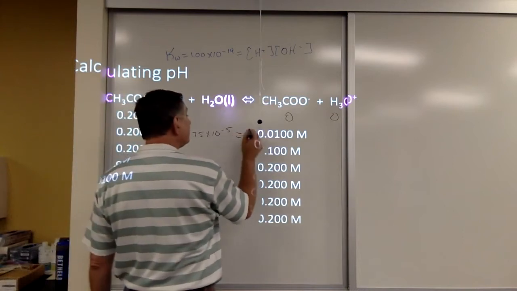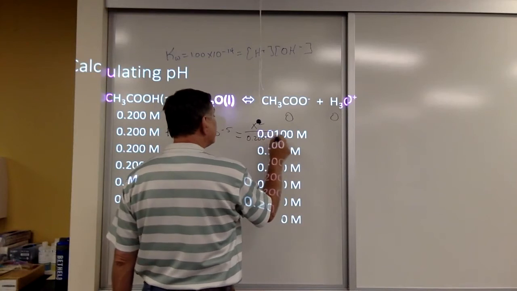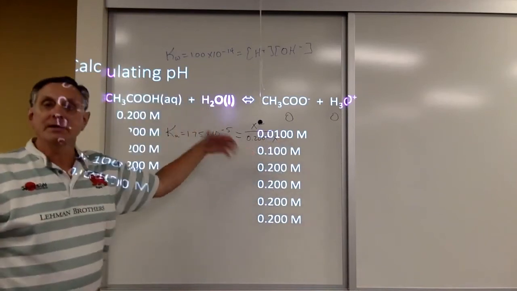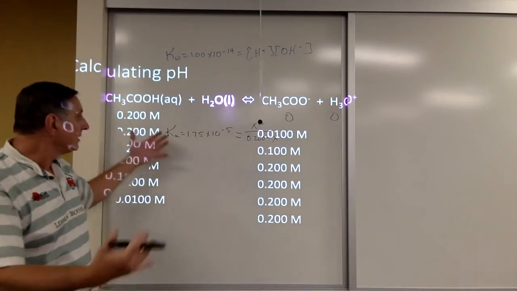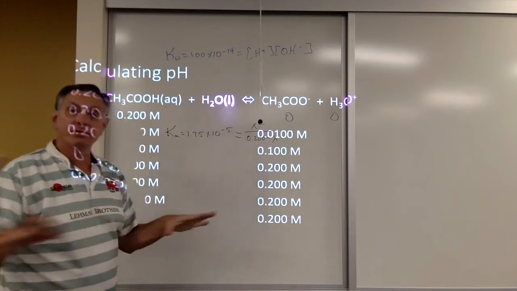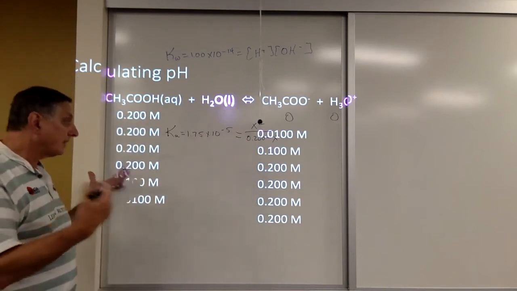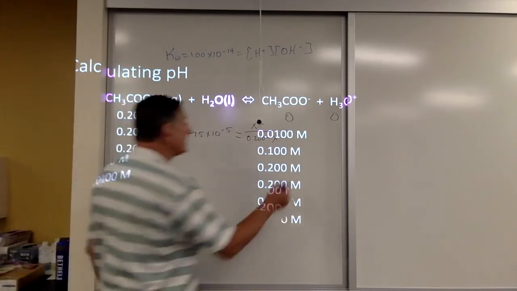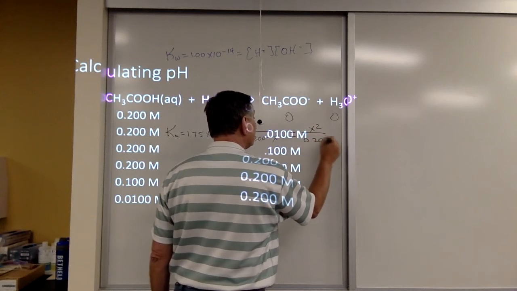This is equal to, at equilibrium, x squared over 0.200 minus x. And how do we know this? We know this because we've worked a dozen problems like this already. I'm not even going to do the ice table. Do the ice table if you need to, but we've done this before. We're going to say this is equal to x squared all over 0.200.